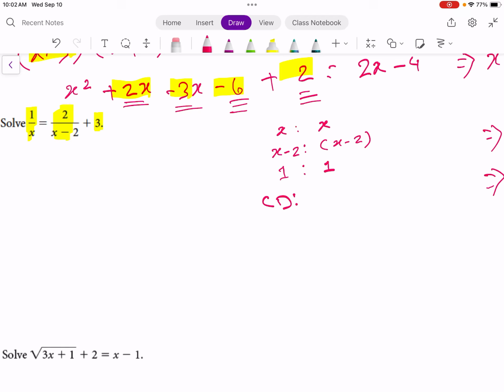First and second. Do we have anything common in first and second? x. We are talking about a factor. In the first denominator x is a factor, but in the second denominator this x is not a factor. This whole expression x minus 2 is a factor.